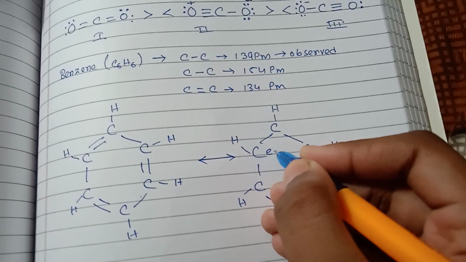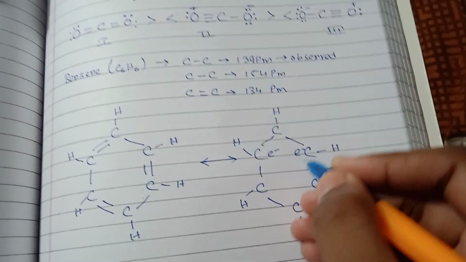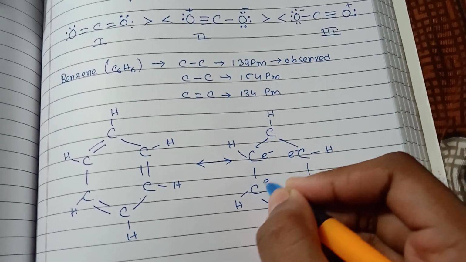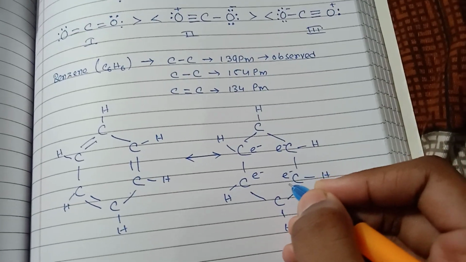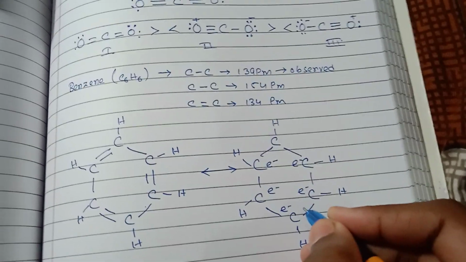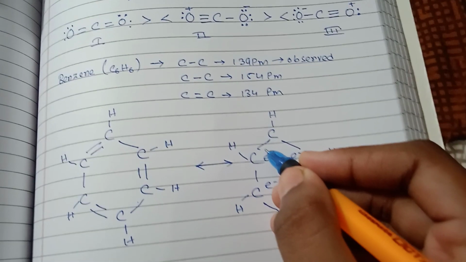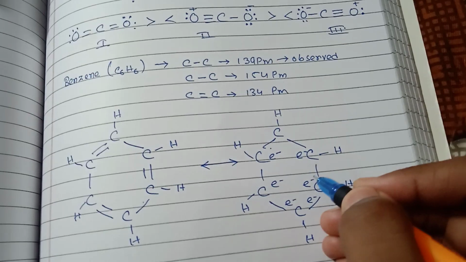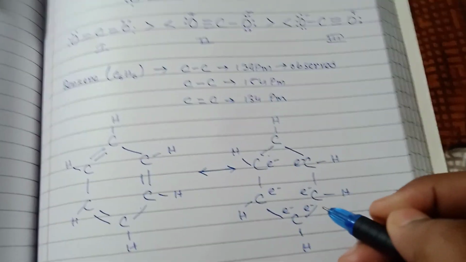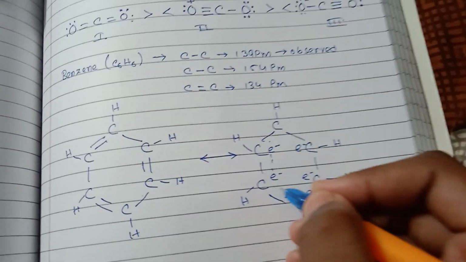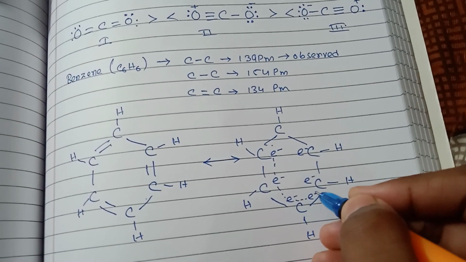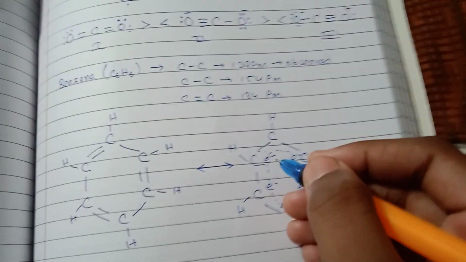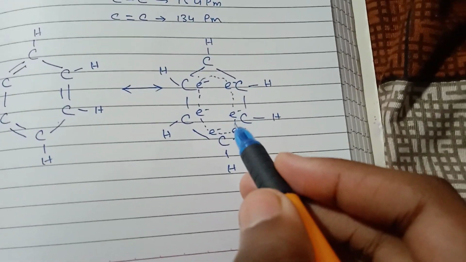From here give electrons to here, then here, and here, and the last two electrons will be in these two bonds. Make an imaginary circle on this. That's the resonating structure of benzene.